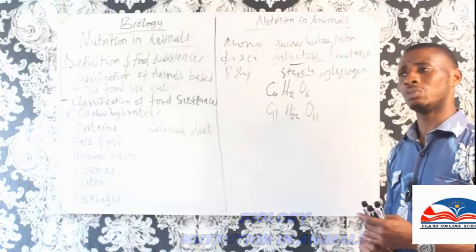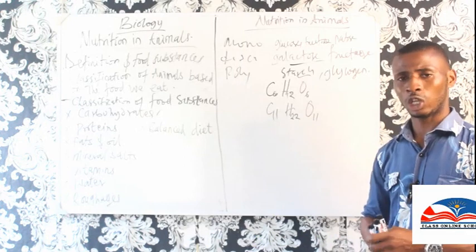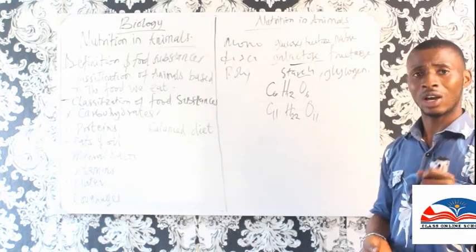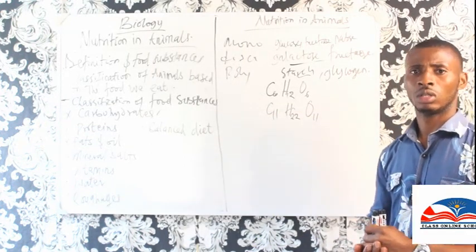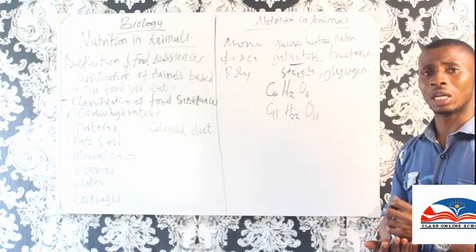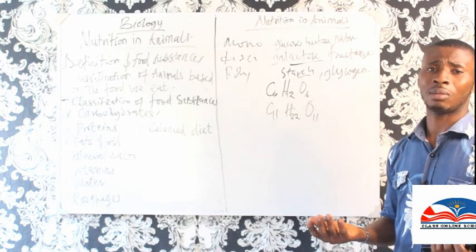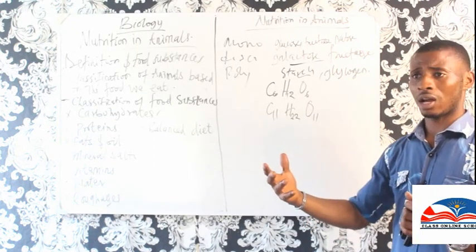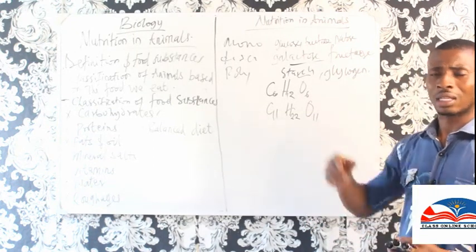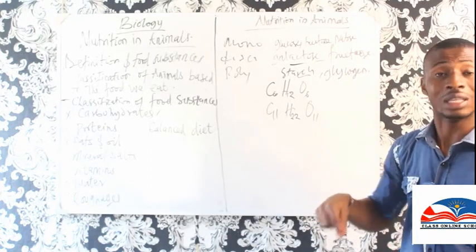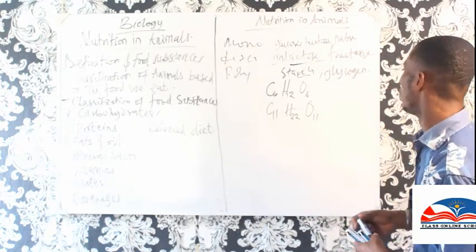Now carbohydrate can still be stored as glycogen in animals. When we go and buy animal meat, the glycogen found in the meat is starch.